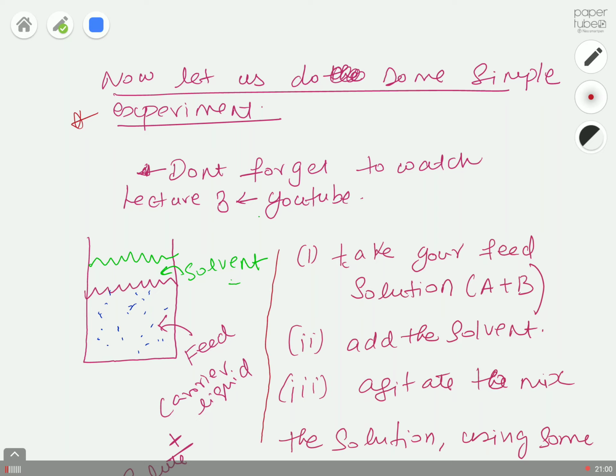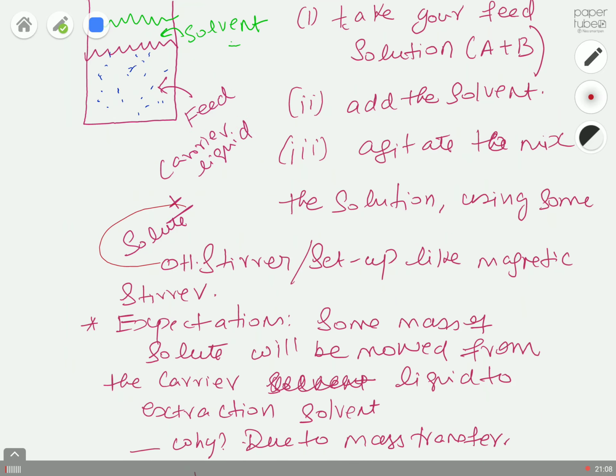So I'm doing the same experiment, there is no difference. You have your feed solution, so it contains your carrier liquid, and it also contains your solute. Let me change to highlighter.